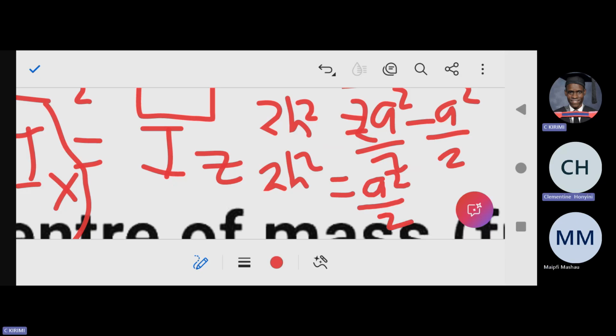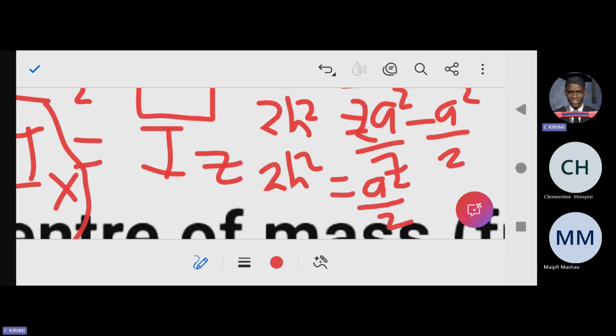But it's the same as 1 over 2 times A squared. No. A squared over 2 is not the same as half. I say A squared over 2 is the same as 1 over 2 times A squared. Yes, 1 over 2 times A squared.